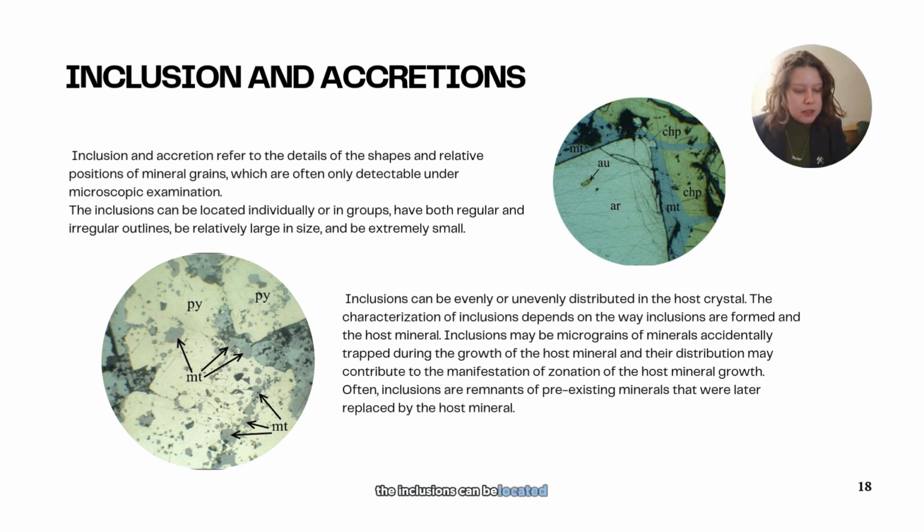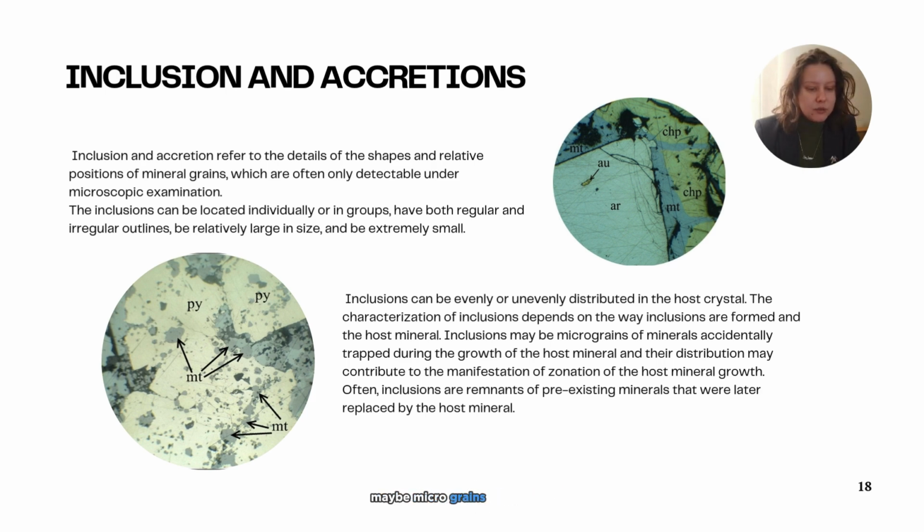The inclusions can be located individually or in groups, have both regular and irregular shapes, and be fairly large in size or extremely small, like grains of gold in a crystal of arsenopyrite on the right side in the polished section. Inclusions can be evenly or unevenly distributed in the host crystal. The characterization of inclusions depends on the way inclusions are formed and the host mineral.